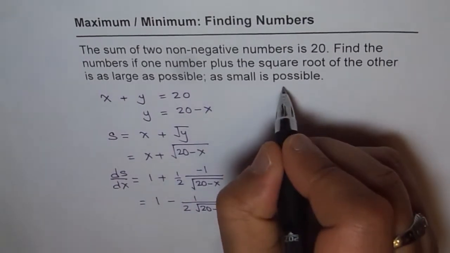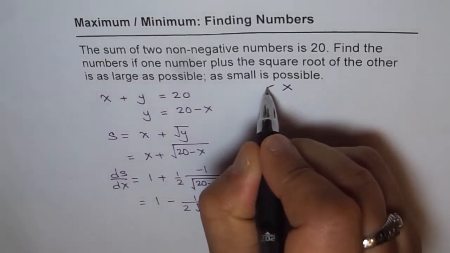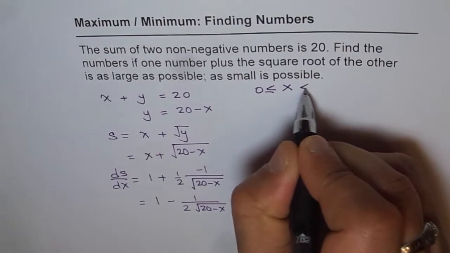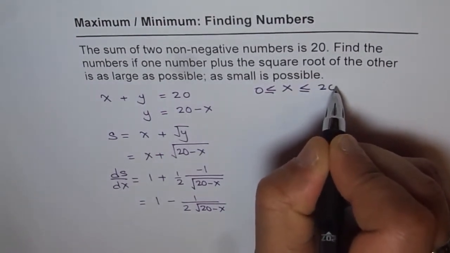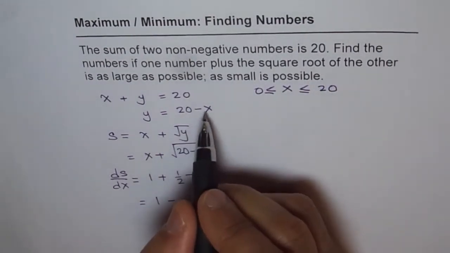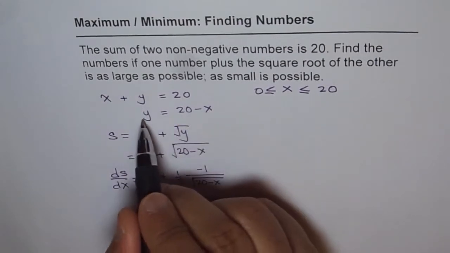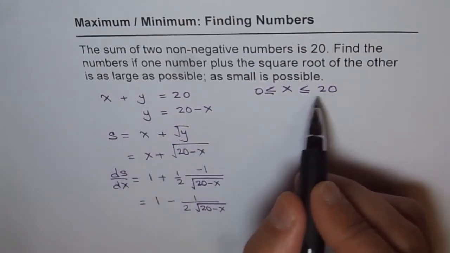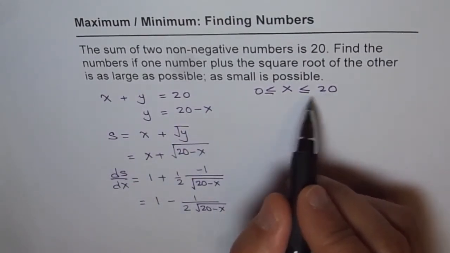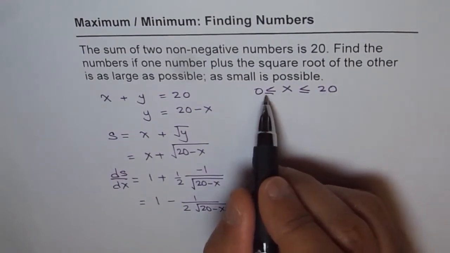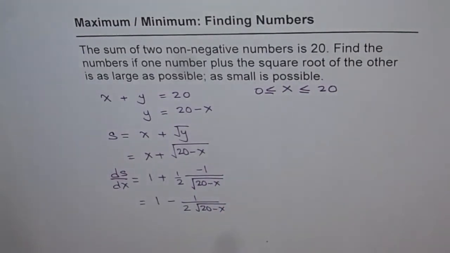So we should write that x should be greater than or equal to 0 but less than or equal to 20. Do you understand? Because if it is more than 20, then y becomes negative. So that is our restricted domain. So these values are the boundary conditions for which we should check the value of our function also. Correct? That's the whole idea.